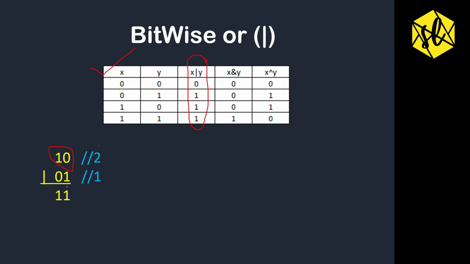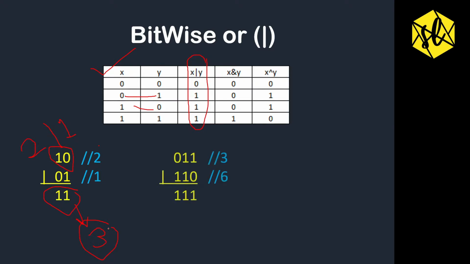How? 0 and 1 we get 1, 1 and 0 we get 1 again, so we get 1 and 1, that is 3. While programming, the output would be 3 if we do 2 OR 1. We will see the programs afterwards.